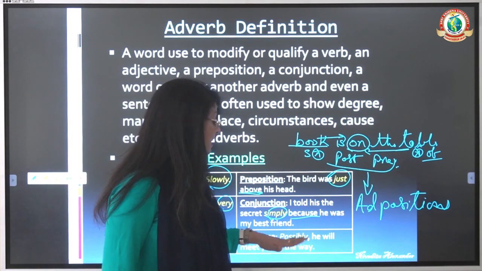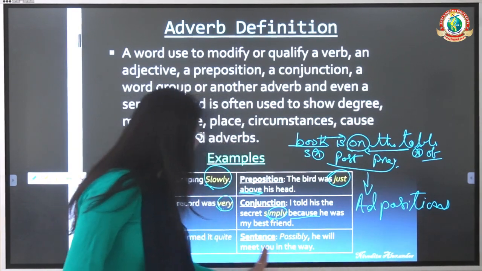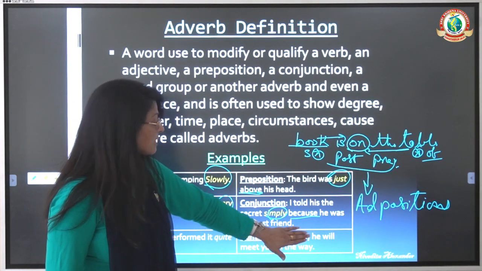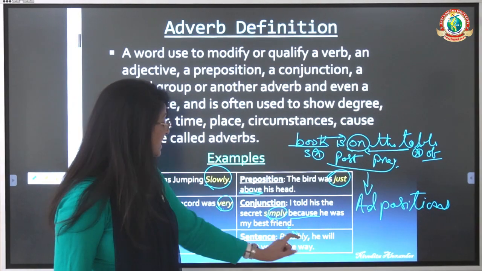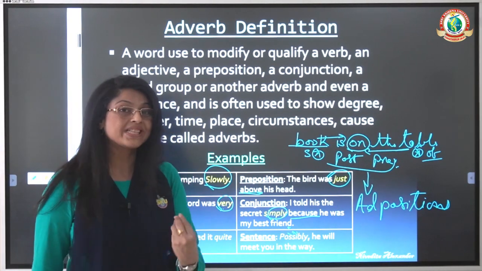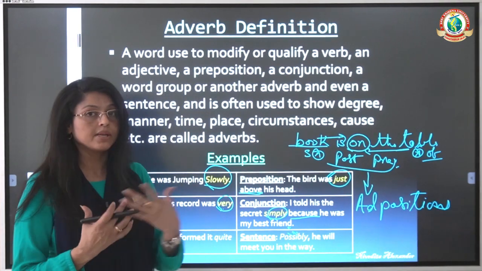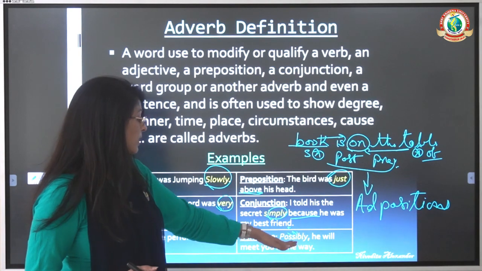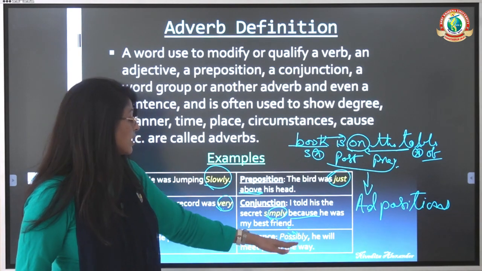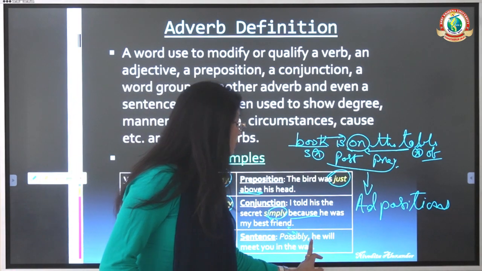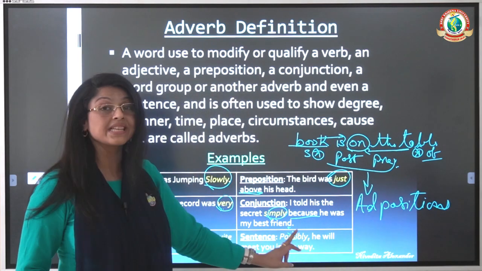Now the entire sentence is here. It is not necessary to write this word possibly, but still, to supply more definition to the entire sentence, to give more probability, possibility, you can write this word possibly. So it is modifying the entire sentence even more.